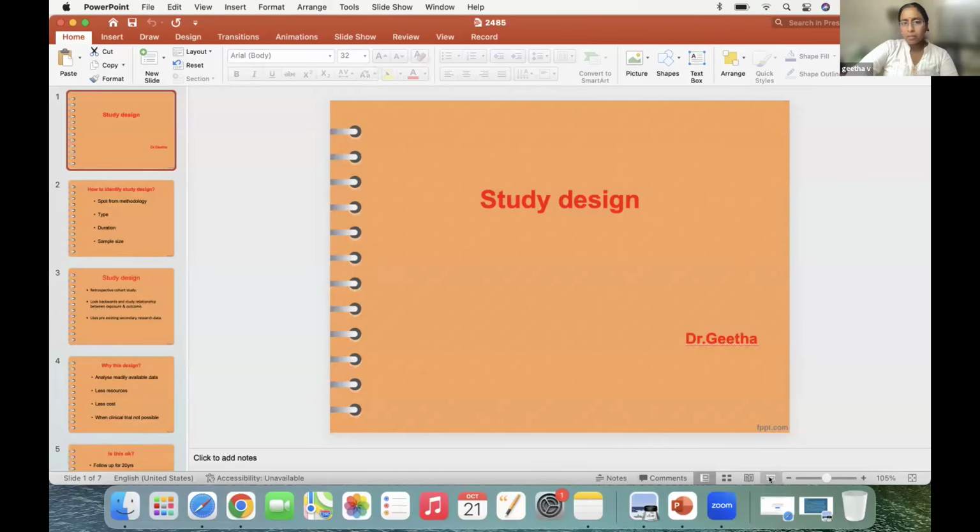So I have only a few points to discuss about the study design in this paper. Basically, the points I would like to highlight in this study, as well as in any study. How do we go about study design? When we analyze any paper, where do we go and look for the study design? Basically, it would be from the methodology.